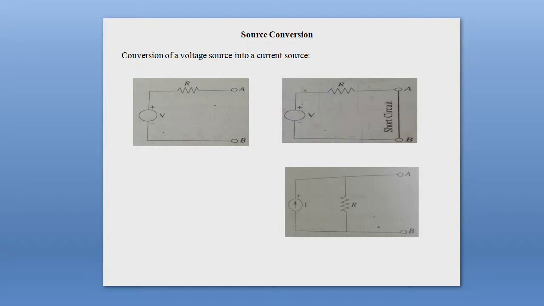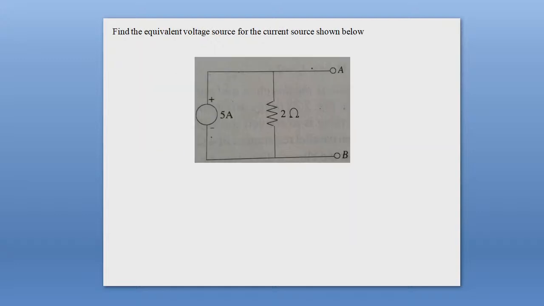Now I will give you a simple problem to convert a current source into a voltage source. In the next slide you will see a current source, and the question for you is to convert this current source into a voltage source.